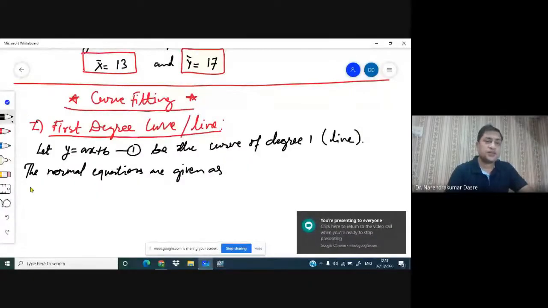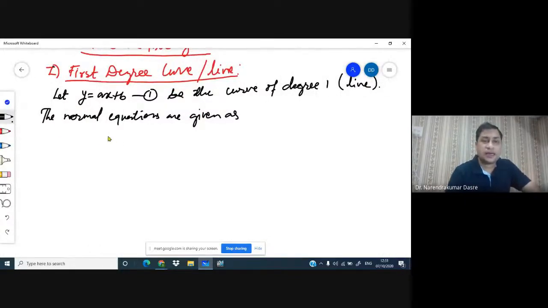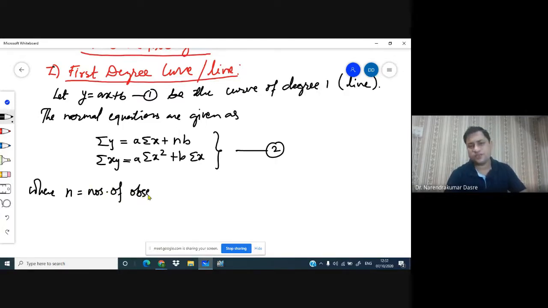I have to consider all the points here, and hence the normal equations for the line are given as: summation y is equal to a summation x plus n times b. And multiply this equation by x and then take the sum: summation xy is equal to a summation x square plus b summation x. Where n is equal to number of observations.